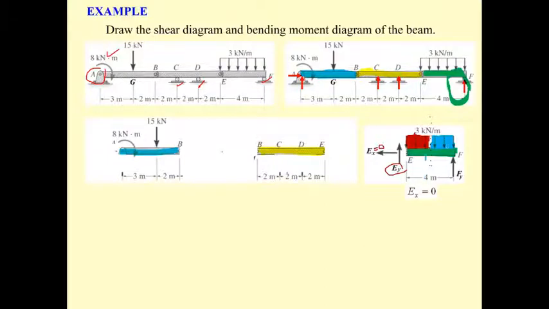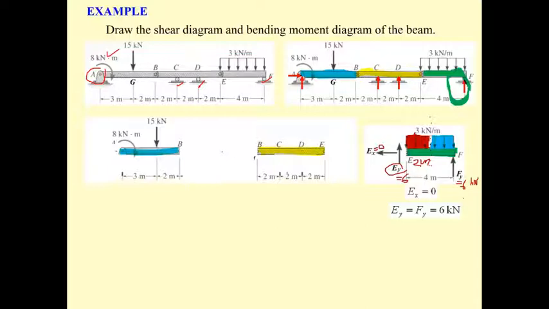So the size of this is 3 times half of 2 meters. So E sub y is going to be 6, and F sub y is also going to be 6 kilonewton.